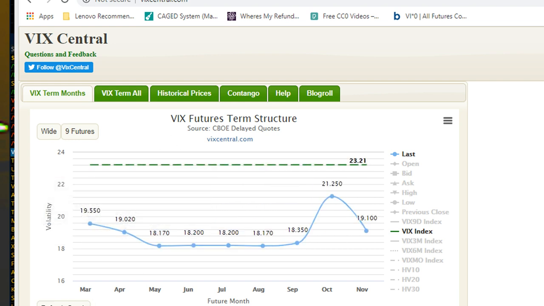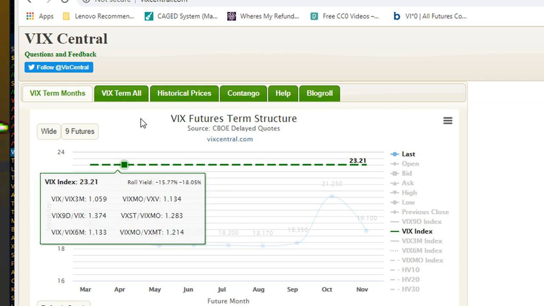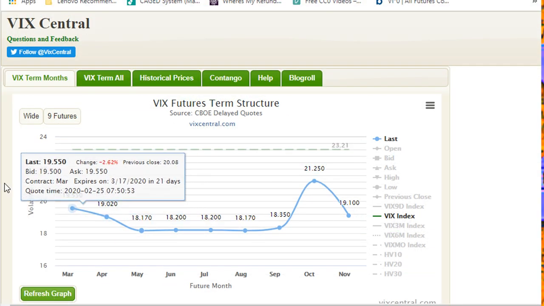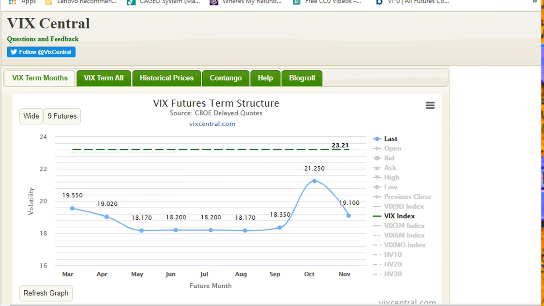Now, what this is, it's just a simple display chart that shows the relationship between a couple of different products, which are the VIX futures. And the most important ones are always the first 2 months, because a few years ago they came up with ETPs that would let you trade the VIX, exchange traded products that would give retail traders access to getting long or getting short volatility.